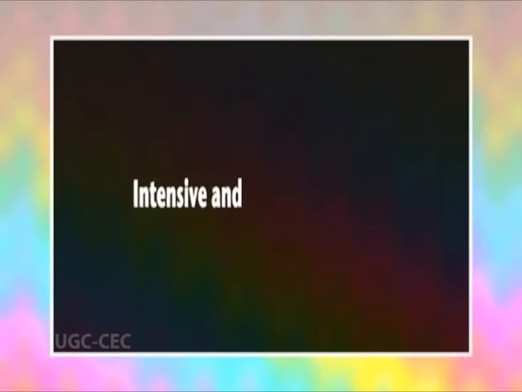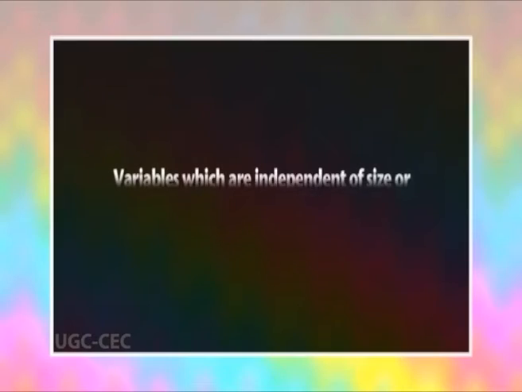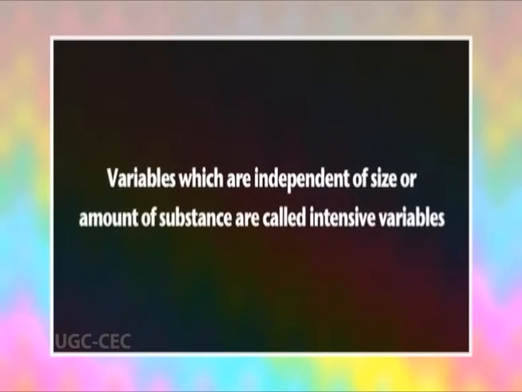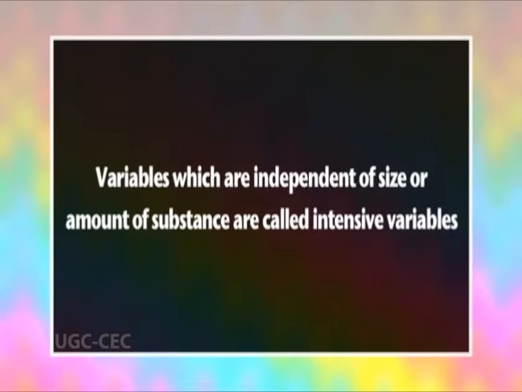Now that we have understood state of a system and state variables, let us now learn about intensive and extensive variables. A thermodynamic variable may be intensive or extensive. The variables which are independent of size or amount of substance are called intensive variables.